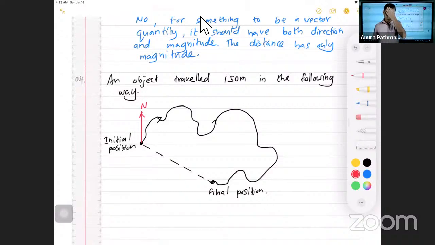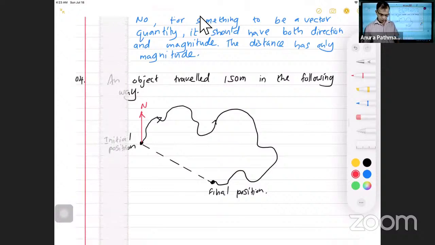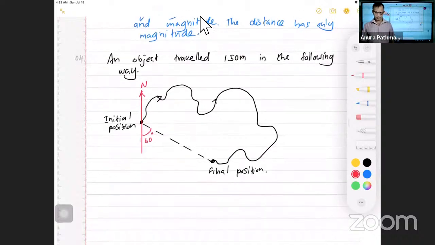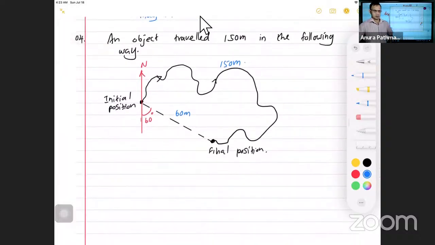The angle between these two points is 60. Now, an object travels 150 meters in the following way. So the total distance over here is 150, and this one is 60 meters. Right. Now I'm going to ask you about the distance and the displacement.